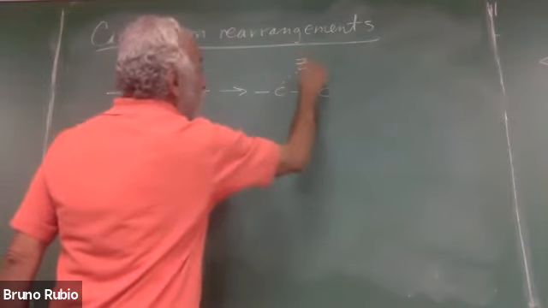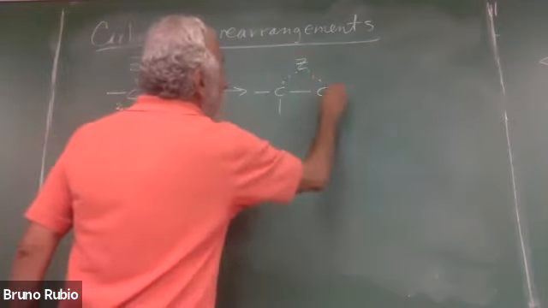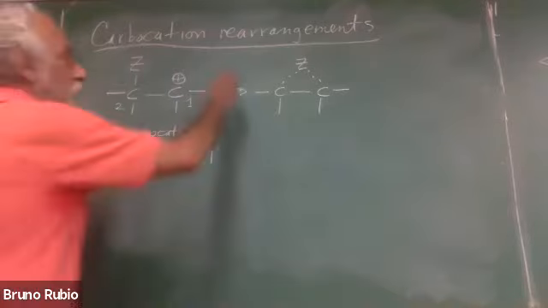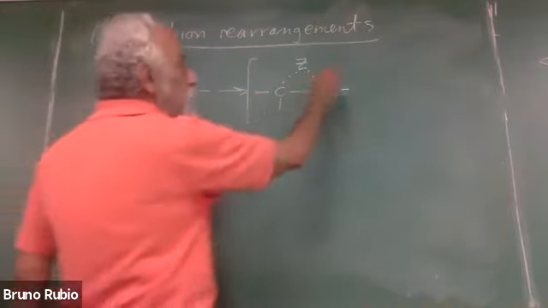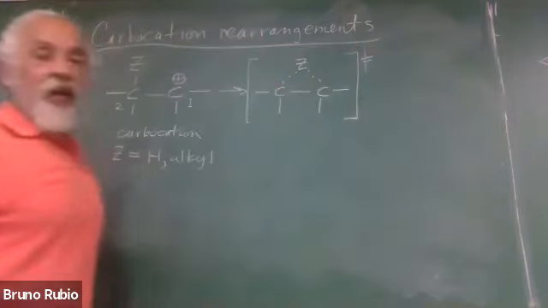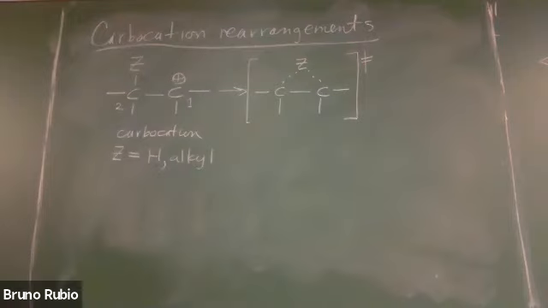Here is a C group pulling out of carbon 2 and plugging into carbon 1. This is the migrating group. So this is the transition state. I'm going to put it in brackets, and a double dagger up there to show that it's a transition state.